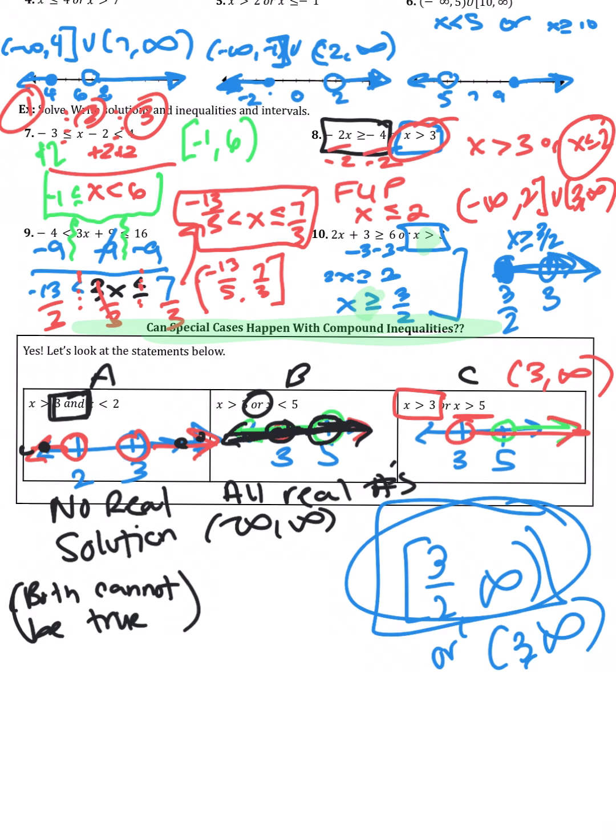There's an AND compound inequality, and we talked about the different ways that you can see that written: with the word AND, written as an inequality with a variable trapped in between 2 numbers, written using interval notation. And then an AND inequality typically looks like a line segment when we graph it. An AND inequality means that both pieces must be true. It needs to be something and something else in order to meet the requirement there.